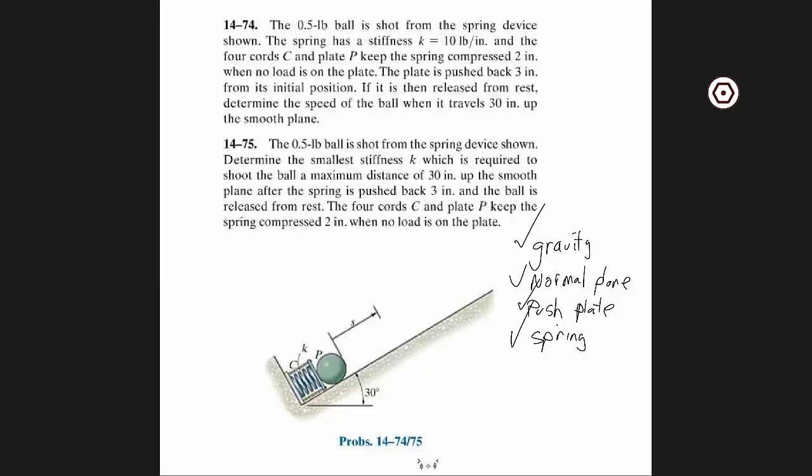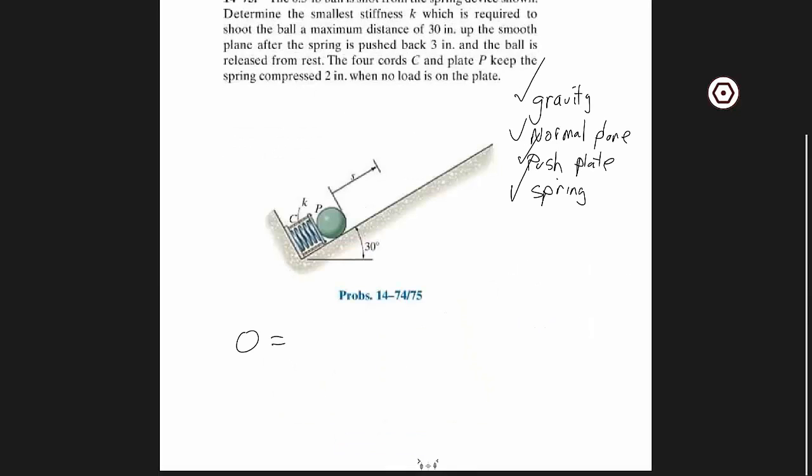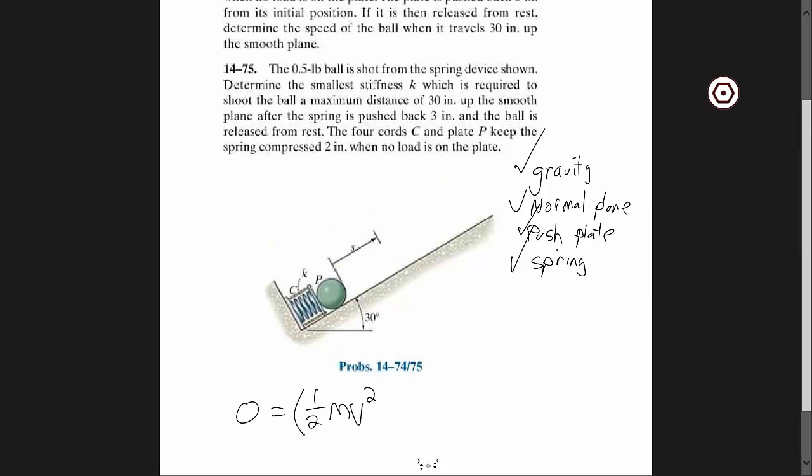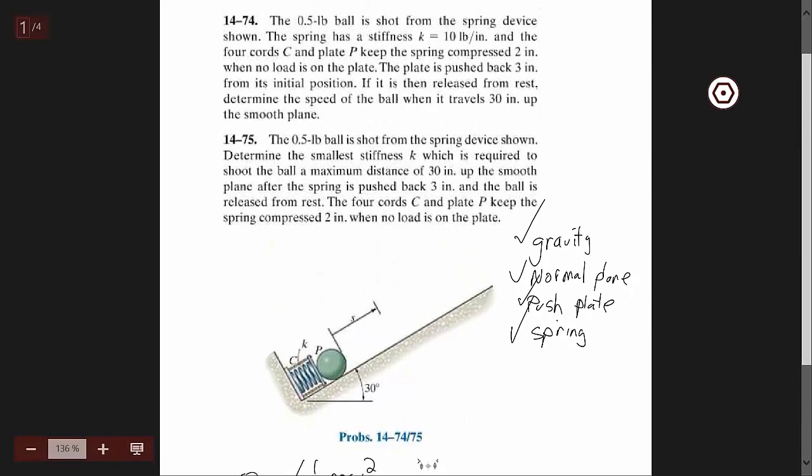So at the end, I'll put a parenthesis. This is the end, okay? I've got 1/2 mass of the ball times the speed of the ball squared. There you go. Anybody else got some energy? Does the ball have other kinds of energy? What other kind of energy does the ball have? Gravity potential.